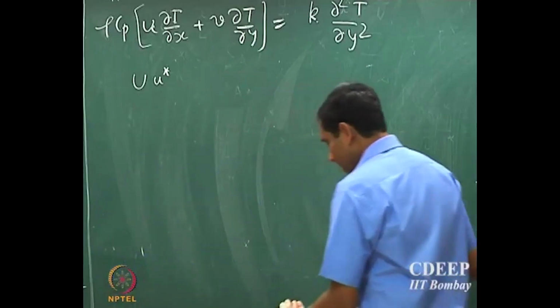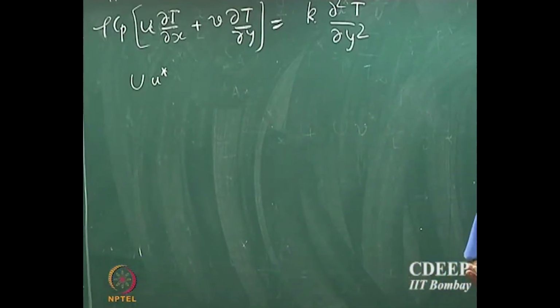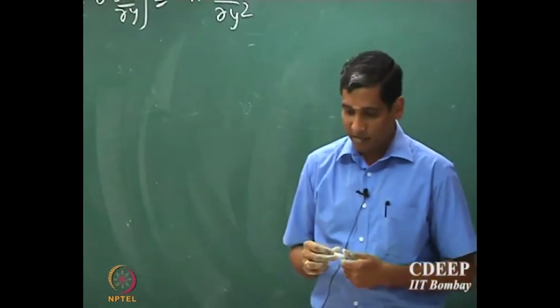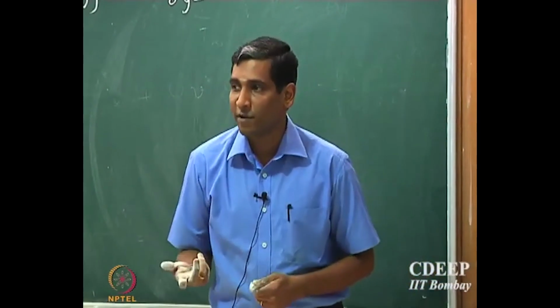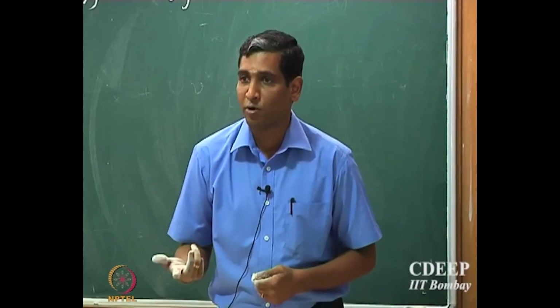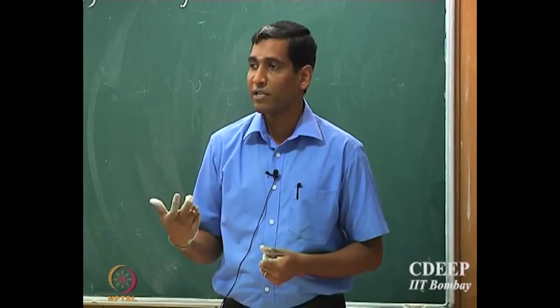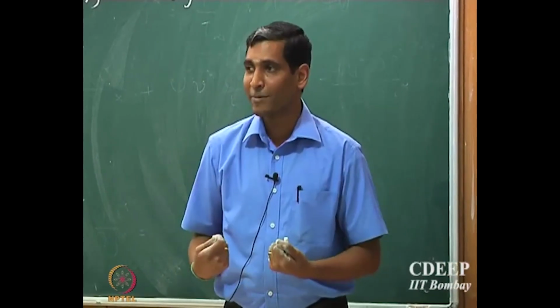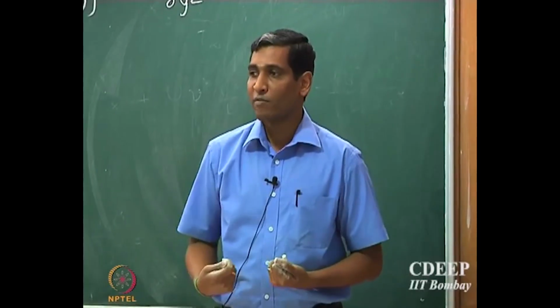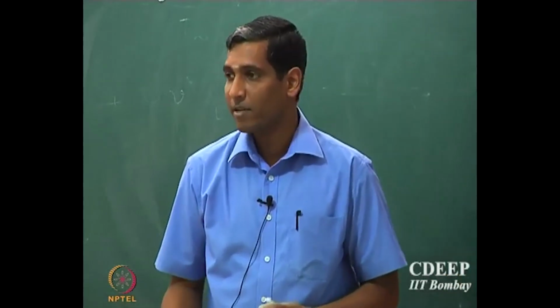Now I said that we scale it with T infinity, but remember when we wrote the heat transport coefficient, we said that it is always a function of the temperature of the surface. So, now it is better to incorporate the temperature of the surface also in the scaling, okay.